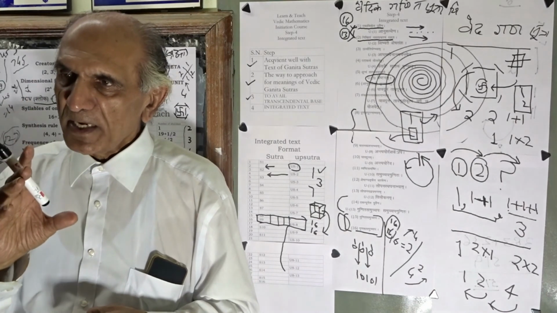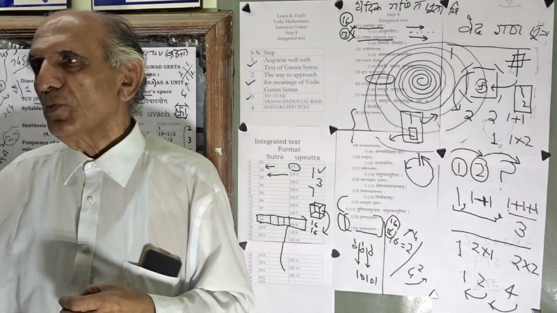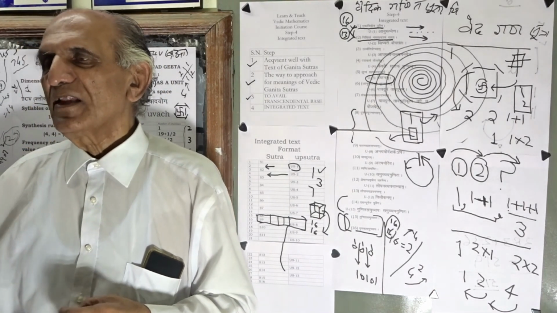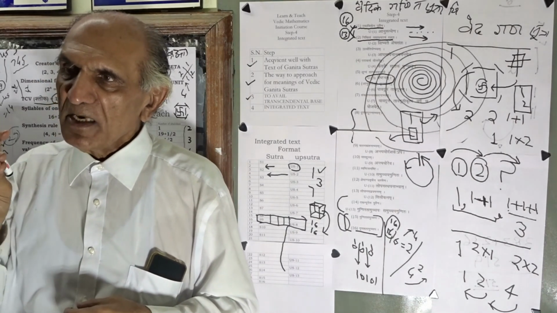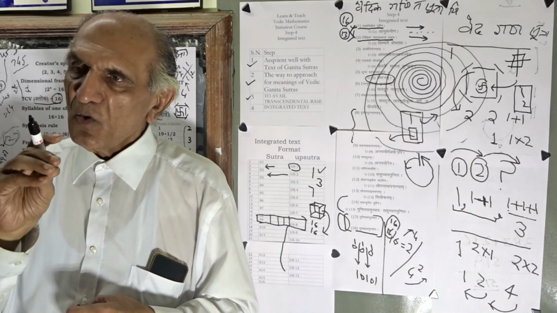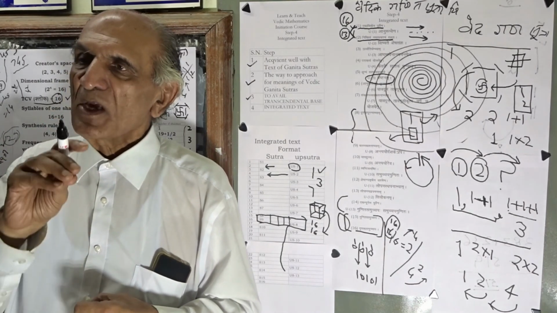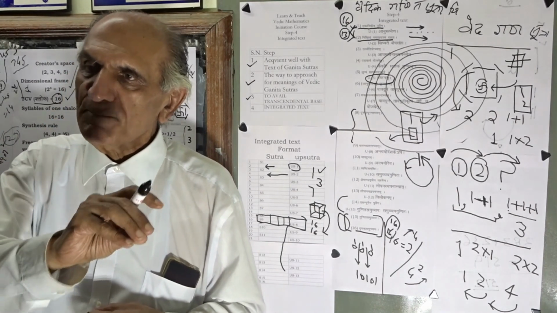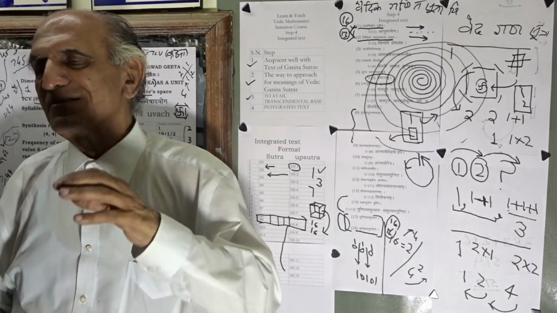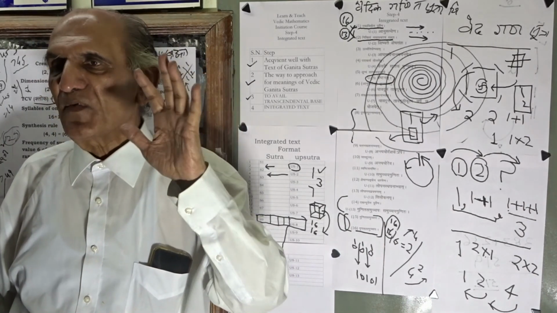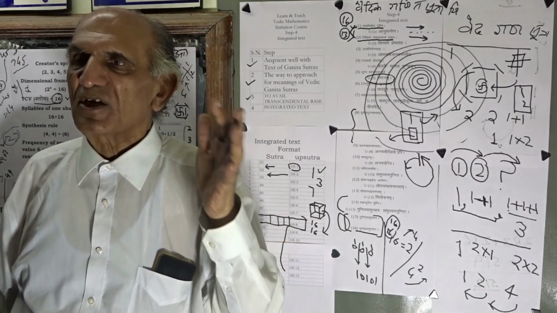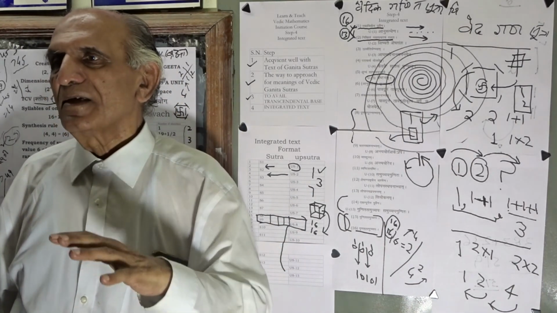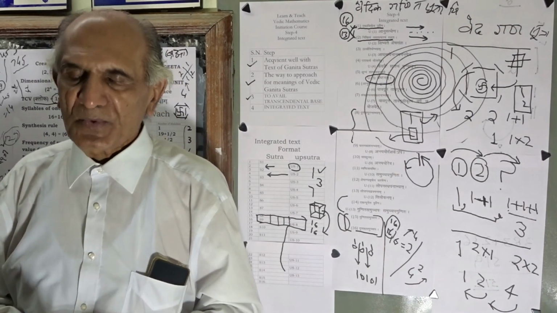You have to pray when entering the Vedic mathematics class. You will have a prayer of integrated format when the first session of the Vedic mathematics class is complete. And then the last prayer, the third prayer, the final prayer will be at the end of the second session of the class. Thank you very much.